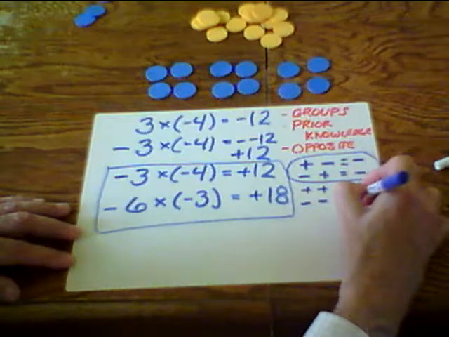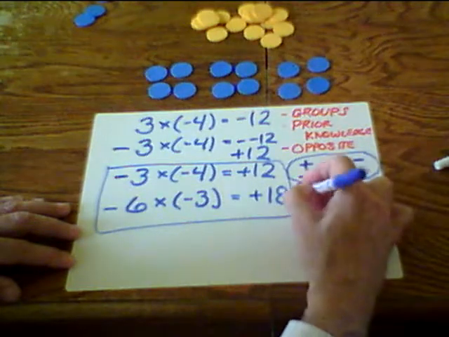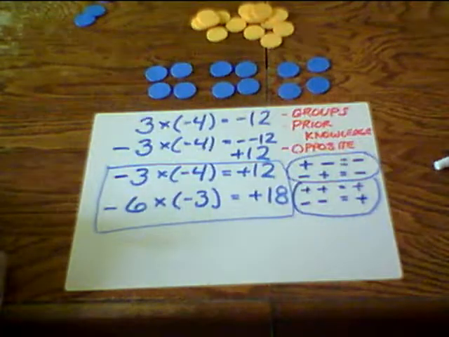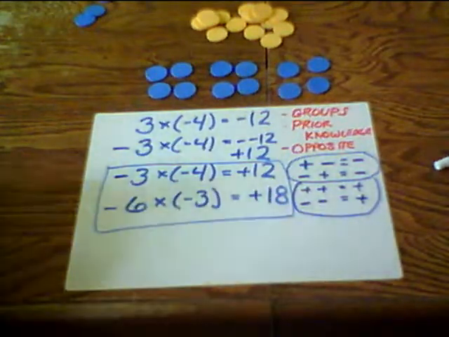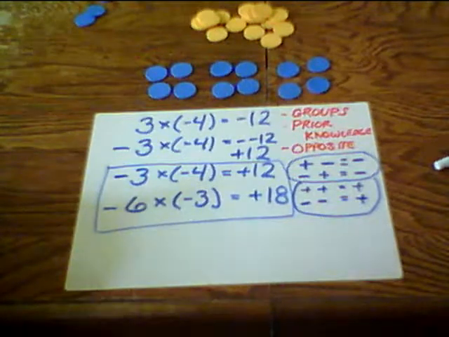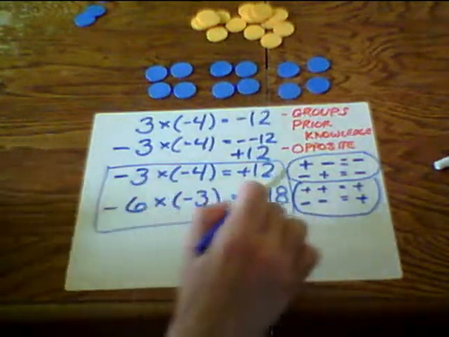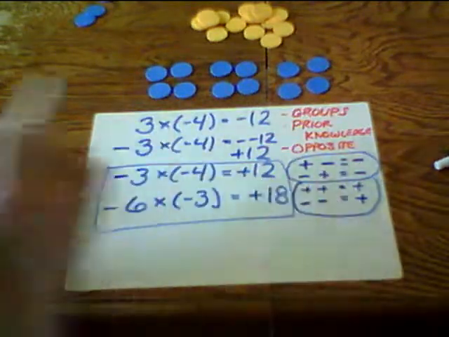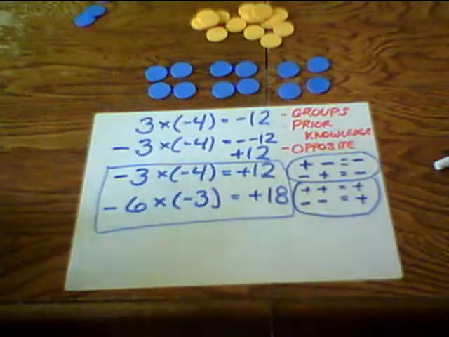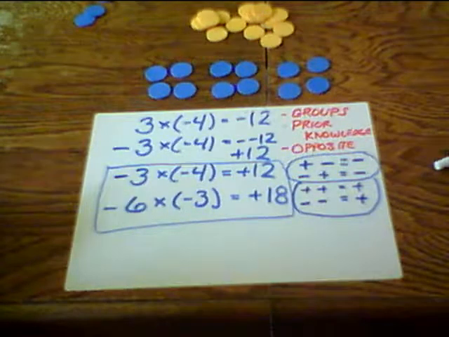So now the students have developed these two rules. And you could just leave it like this, or you could make it even more general. You could say, if the signs are opposite, the answer is negative. If the signs are the same, the answer is positive.